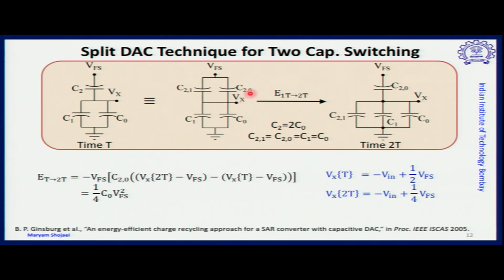They are equal. Now, we are still going with the same example of two-cap switching, but here, instead of switching C2 to ground and C1 to V full scale, we simply switch one part of C2 to ground, which gives us exactly the same configuration we expected by having two-step switching and two-cap switching.